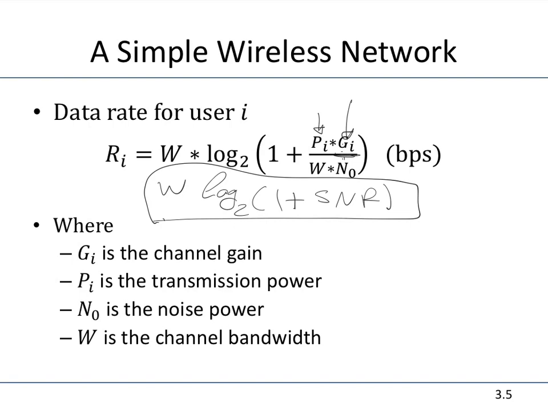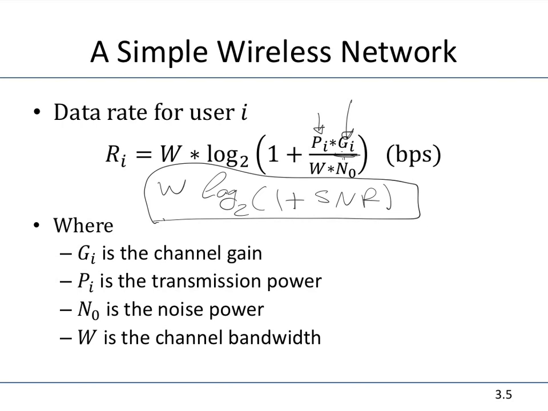So simply, if this is the rate for node I, then what do we need to do? Here, we assume a very simple scenario. Remember, we don't have any interference. We are using 2 separate subchannels, and the base station can send to the 2 users or 3 users or whatever without having any collision.